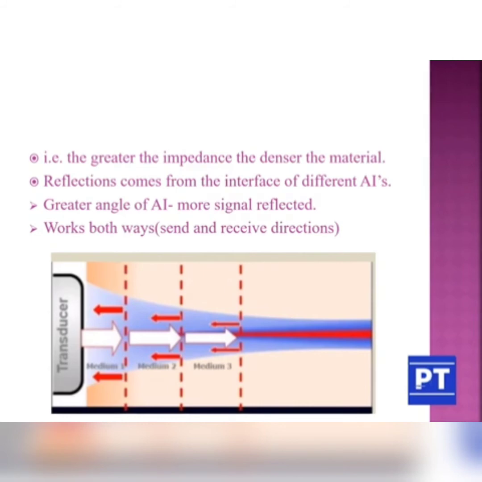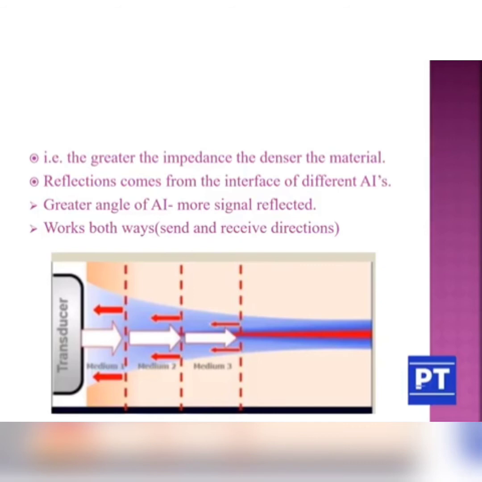The reflection occurs from the interface of different AI. AI means acoustic impedance. The greater the difference in AI, the more signal is reflected, and this works both ways, in the send and receive direction, since the transducer itself is sending the sound waves into the tissue and the transducer itself is receiving the returning echo from different medium interfaces.